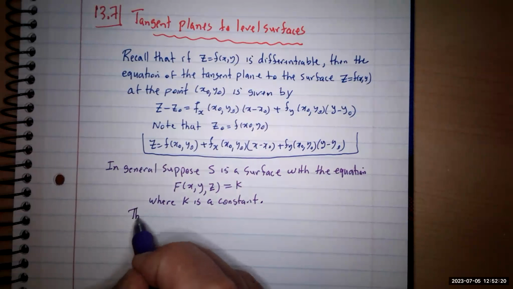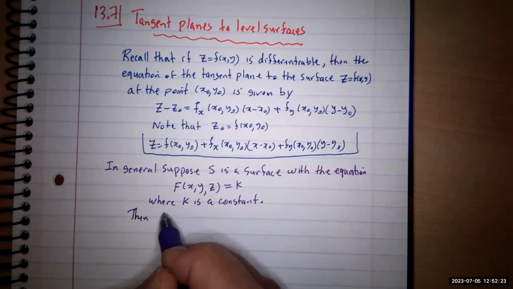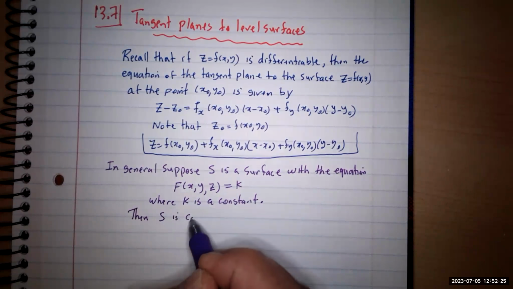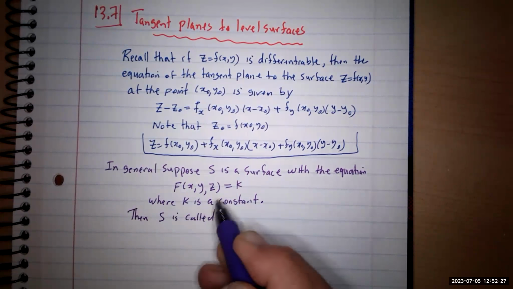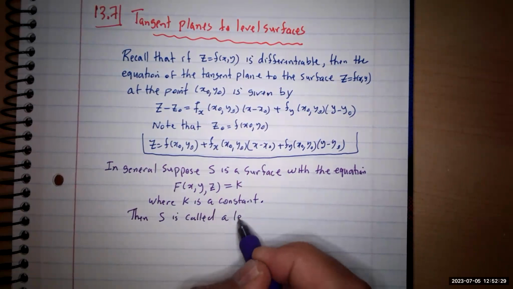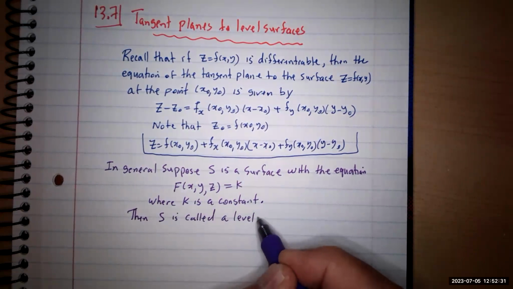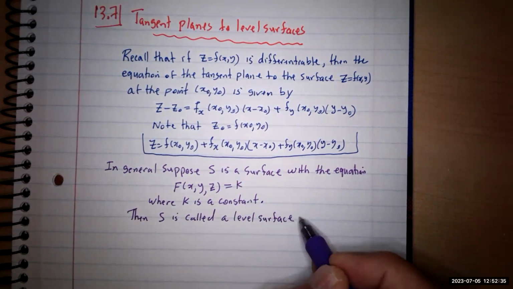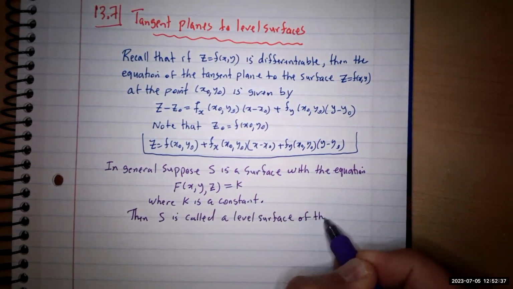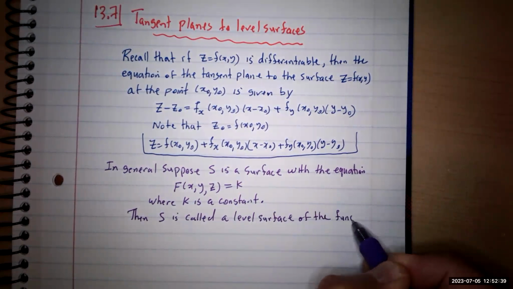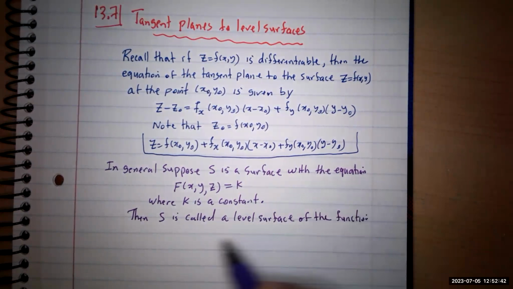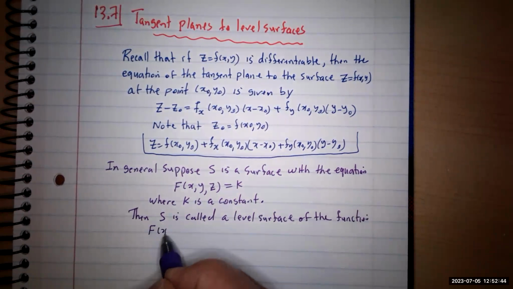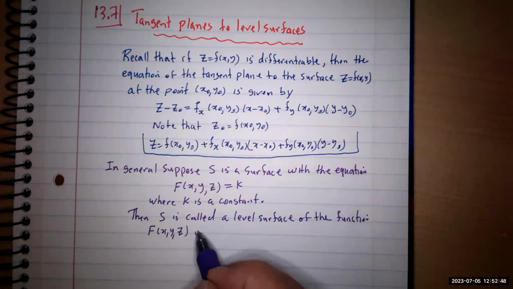So S is going to be called a level surface of that function, f of x, y, z, of three variables.